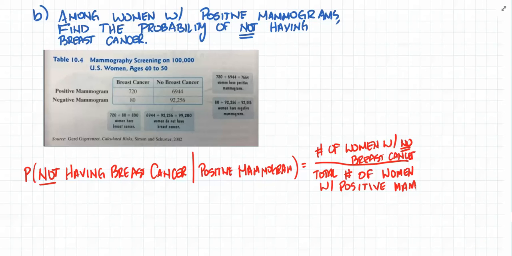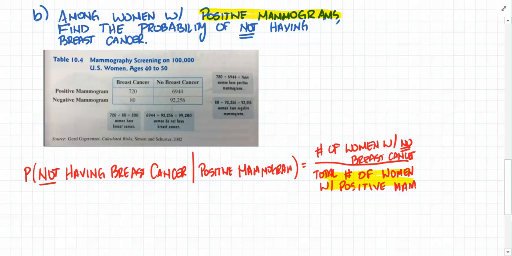Part B is a little bit different because we're going to change our denominator. We're going to restrict our domain. Part B says, among the women with positive mammograms only, find the probability of not having breast cancer. So we have restricted our domain to the women that have positive mammograms only. This is going to be our denominator.